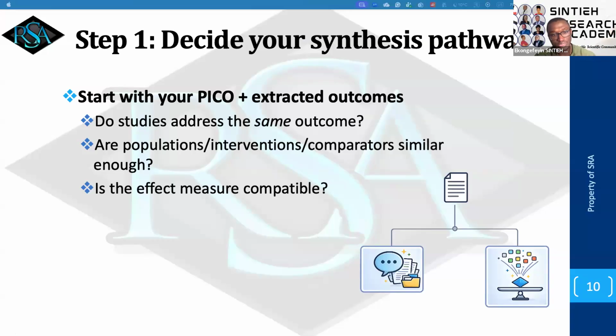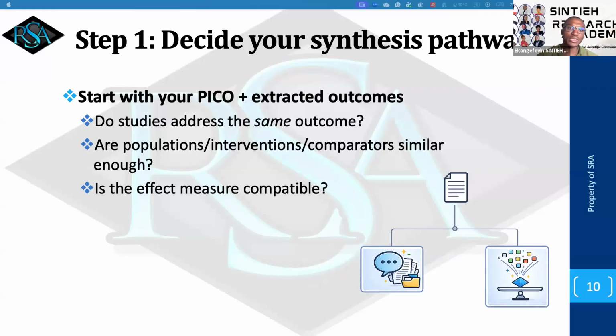Do your studies all address the same outcome? Going back to the assignment I gave you guys, could you perceive that all of them had the same outcome, or were the outcomes very different? Were the population, intervention and comparators similar enough? And is the effect measure, by which we mean were they measuring relative risks, the odds ratio, or the hazard ratio, compatible among studies?